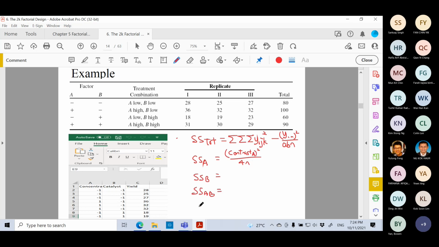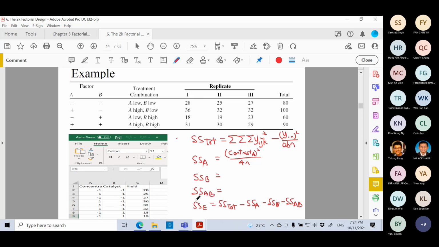Then finally, your sum of square for error will be equal to sum of square for the total minus the others, so you will get your sum of square for error overall. The formula for the sum of square for error will keep changing, depending on how many factors you have.